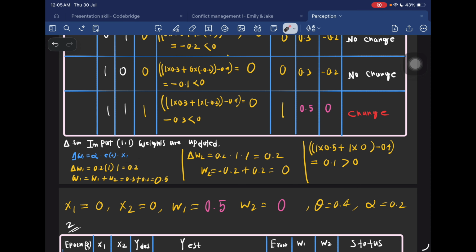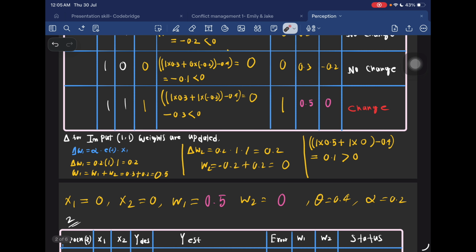Then we write our learning rate 0.2, the error is 1, and the first feature is x1.